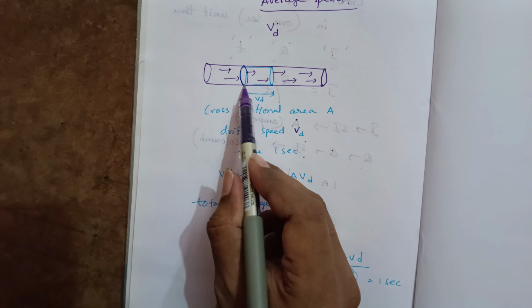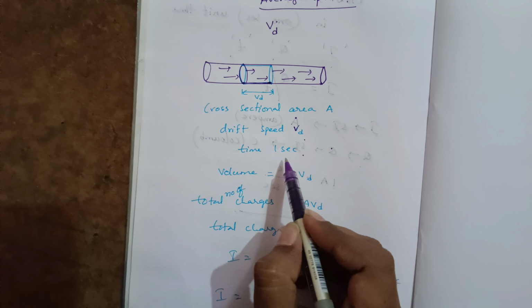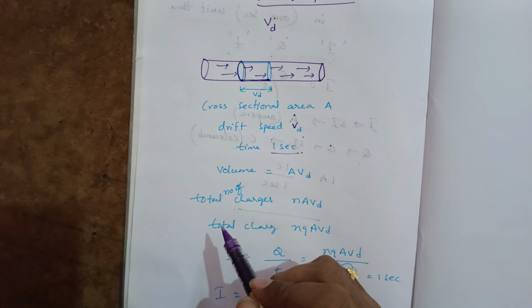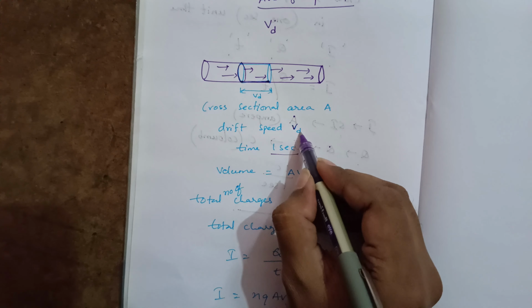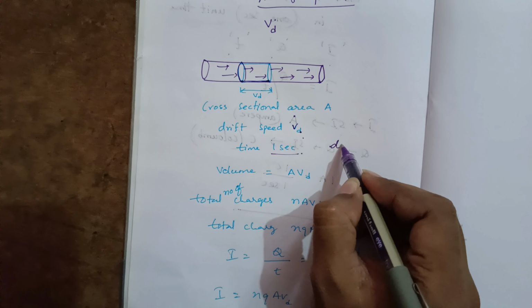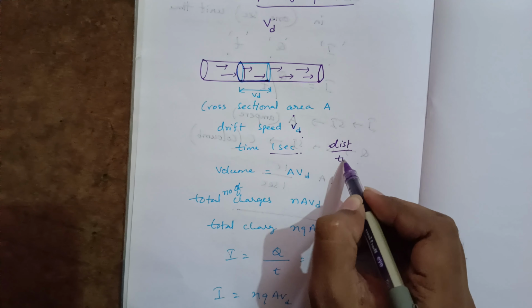Now the time taken to cross this cross section will be 1 second. Now speed is Vd, time is 1 second. Can we take distance by time?